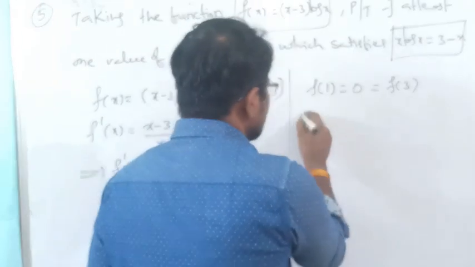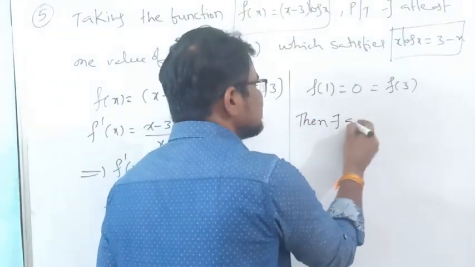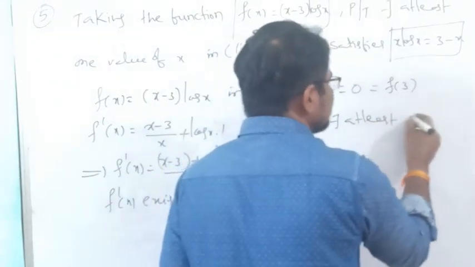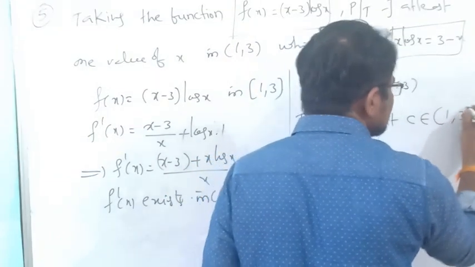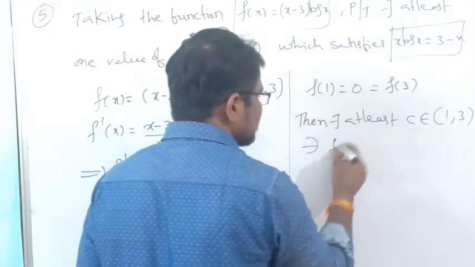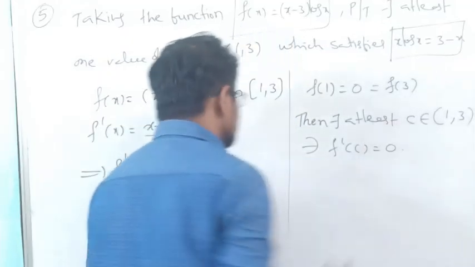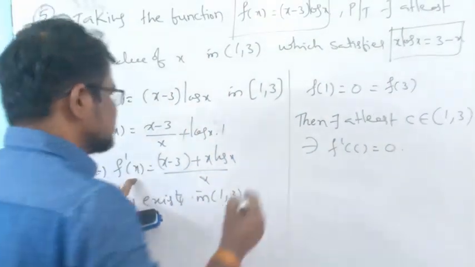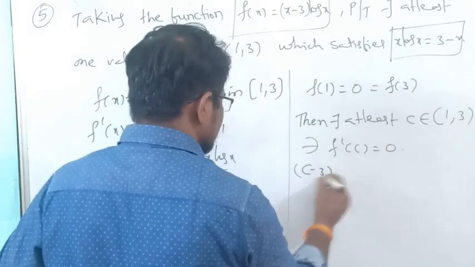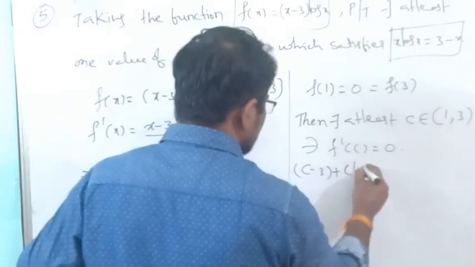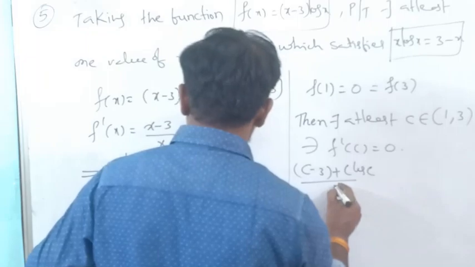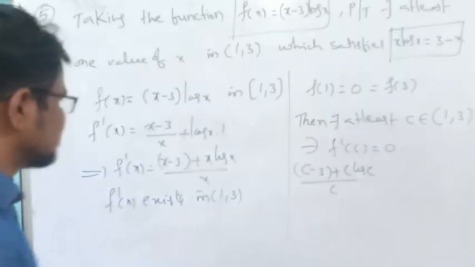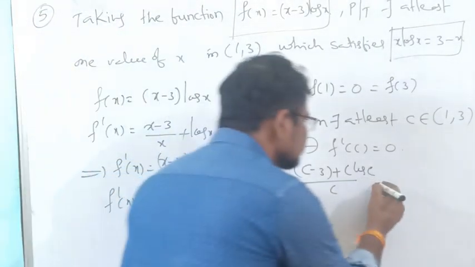Then we can say there exists at least one c which belongs to 1 comma 3 such that f dash of c equal to 0. Now f dash of c means in this one replace x by c. So c minus 3 plus c log c divided by c is equal to 0.